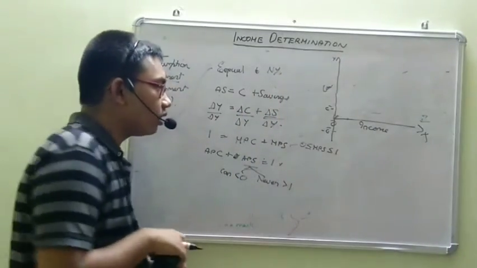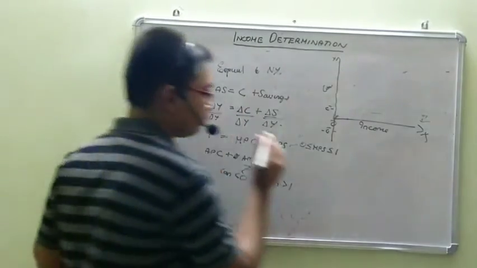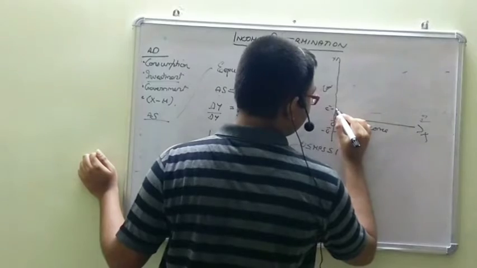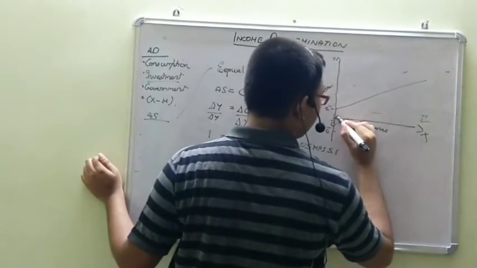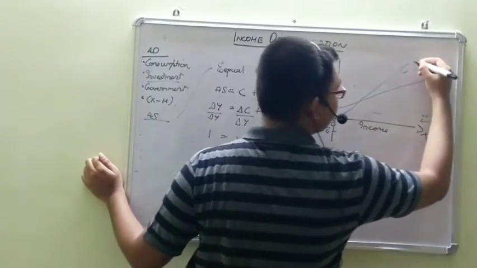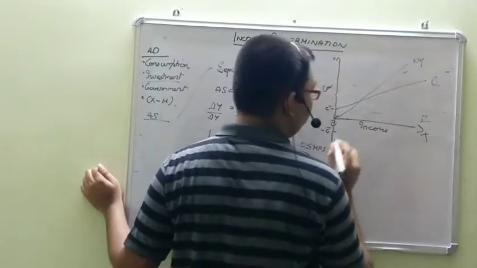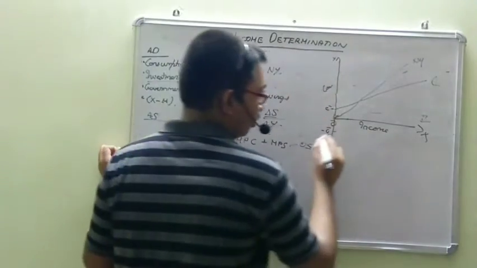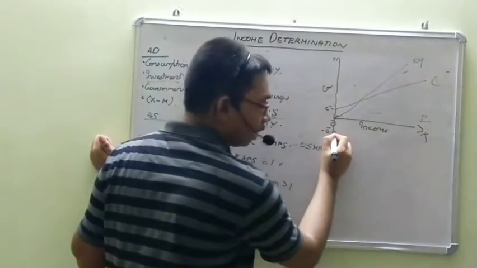Now, let's draw the consumption curve here, and we are drawing the 45-degree line of national income. So how do we get the savings curve? At 0 level of income, savings is minus C bar.